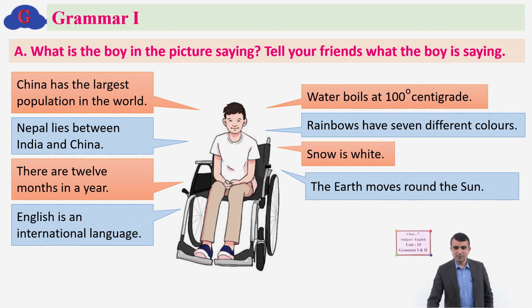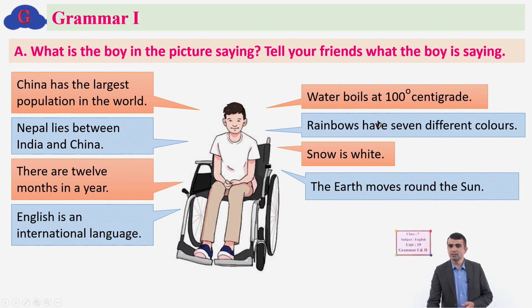The first thing he is saying: China has the largest population in the world. Everybody read it? Good. Next thing he says, Nepal lies between India and China. Third statement is, there are 12 months in a year. Next, English is an international language.